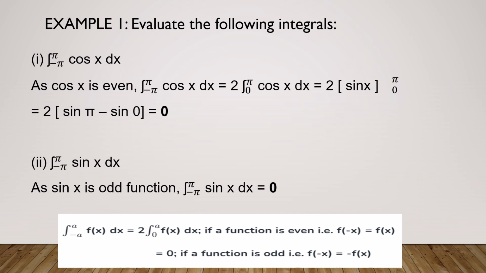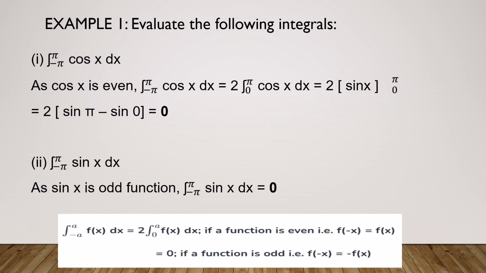Say cos of pi is minus 1, and cos of minus pi when you go from the other direction, that will also be minus 1. But sine on the other hand is an odd function. What does this mean? Say sine of pi by 2 is 1, but sine of minus pi by 2 is minus 1. So it is an odd function.